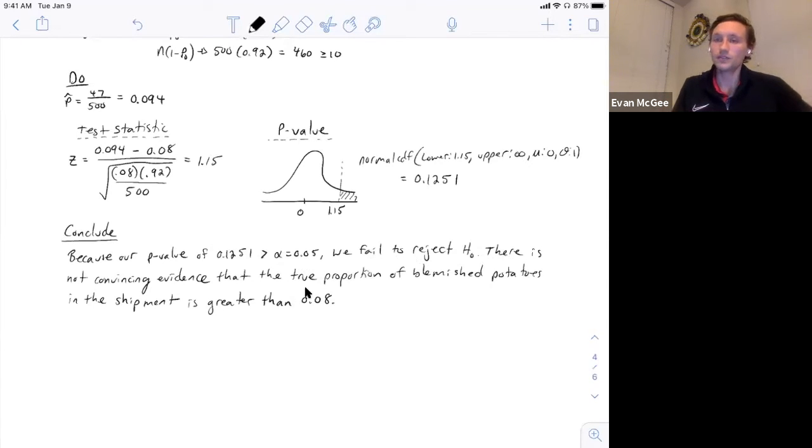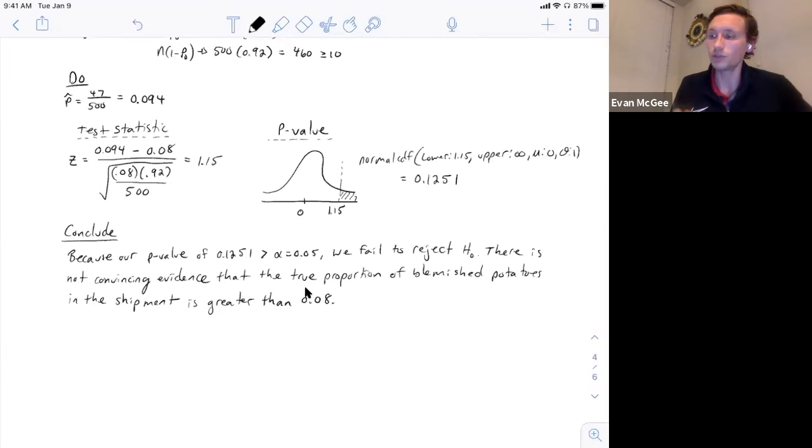Now, if you fail to reject, then we can't say anything that makes it seem like we believe the null is true, because we're not proving that the null is true. We just don't have evidence to say it's false. So saying anything that we believe it's true will lead to a loss of credit.